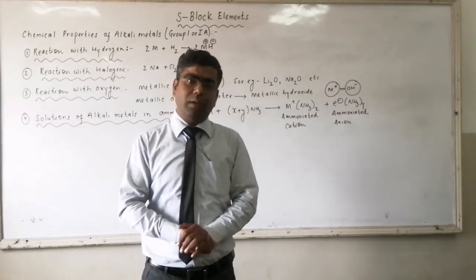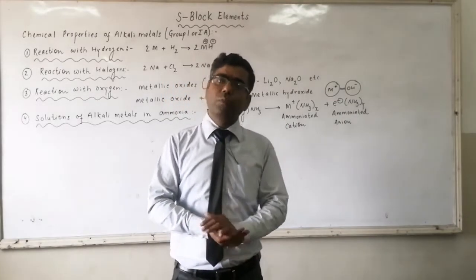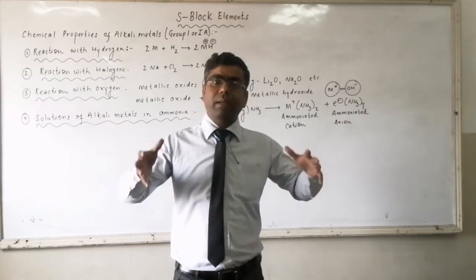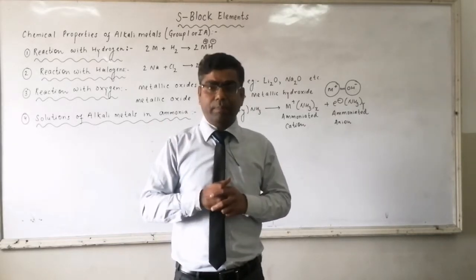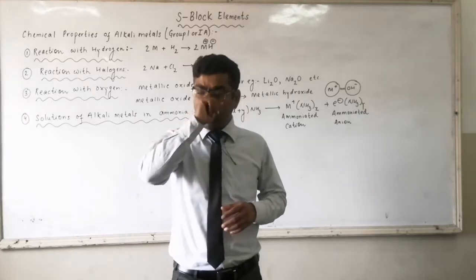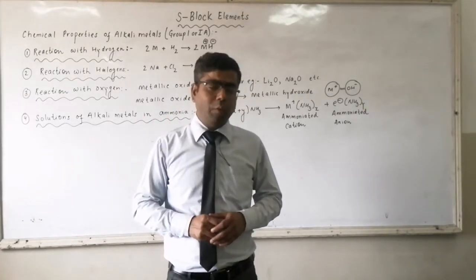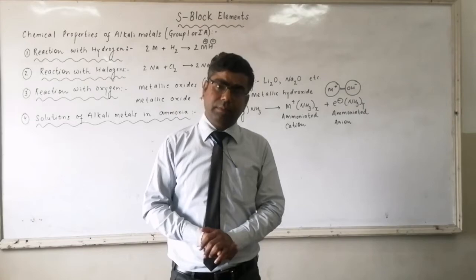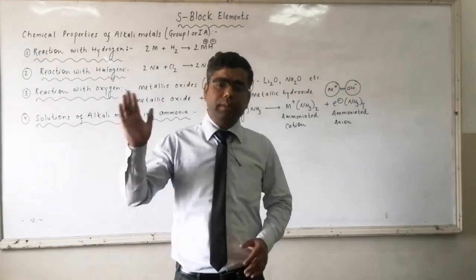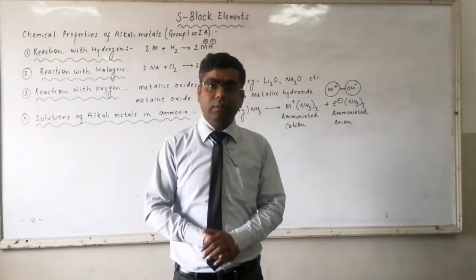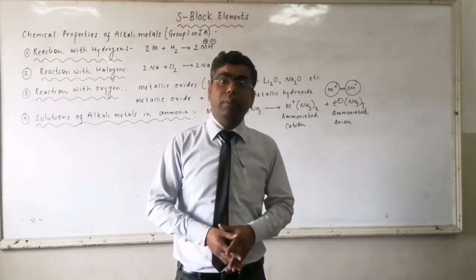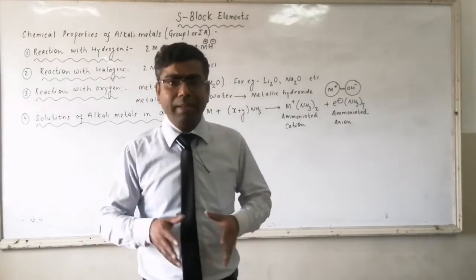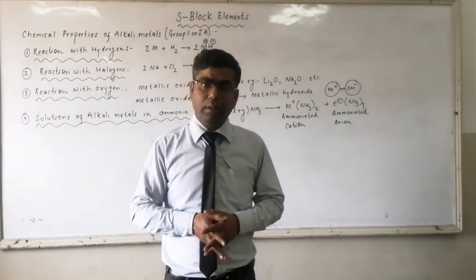Halogens, by gaining 1 electron, will acquire the nearest noble gas electronic configuration, and both will attain stability. Alkali metal will form cation, while halogen will form anion. M plus is stable, it is having noble gas electronic configuration. X minus is also stable because it is also having noble gas electronic configuration.